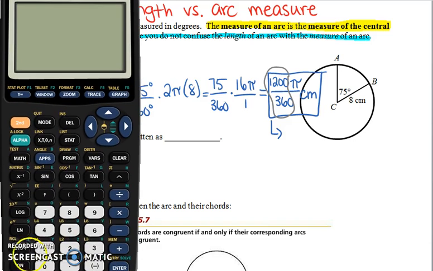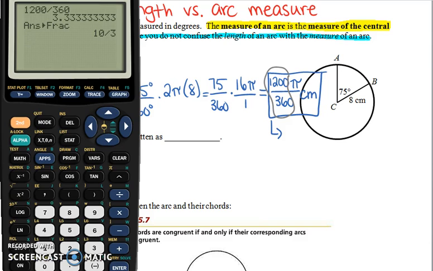So I'm going to take 1,200, divide that by 360, hit enter, and I get this long decimal. My calculator has a function where I can hit this button called math, and then the first option is turn that into a fraction. And we see here that 1,200 divided by 360 as a reduced fraction is 10 over 3.